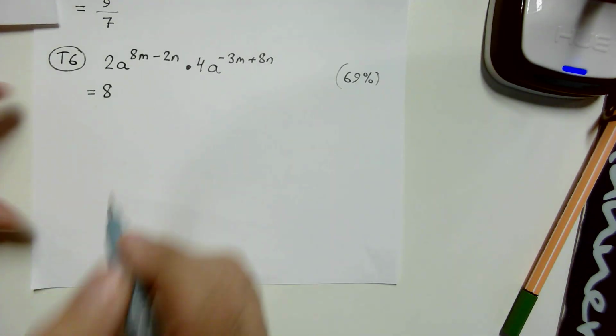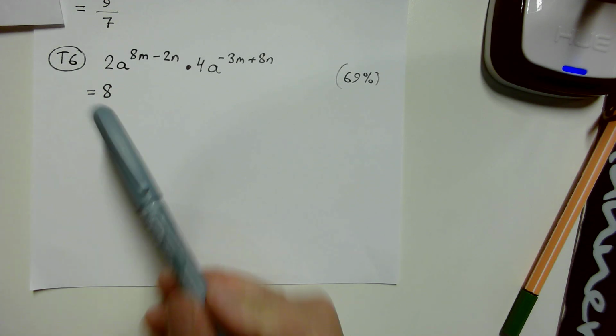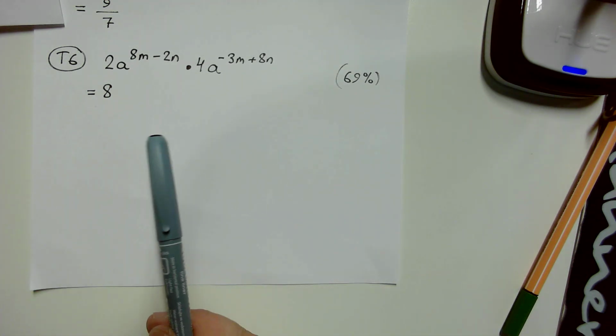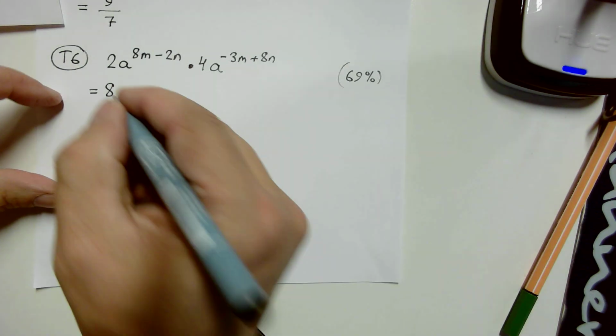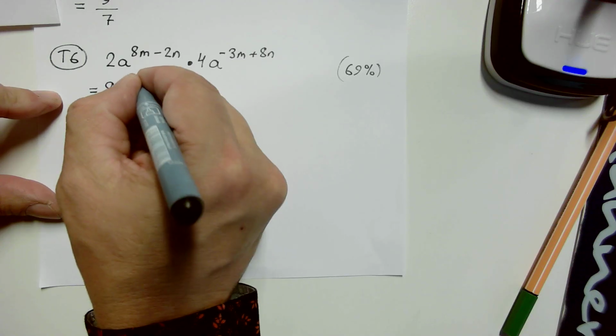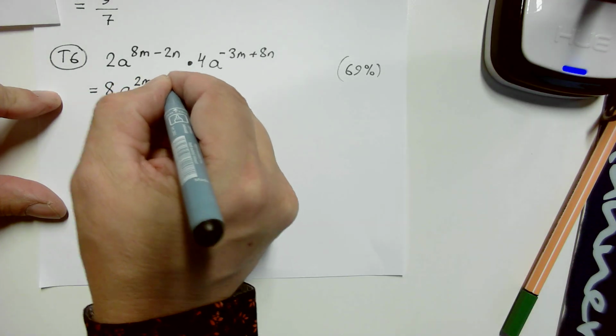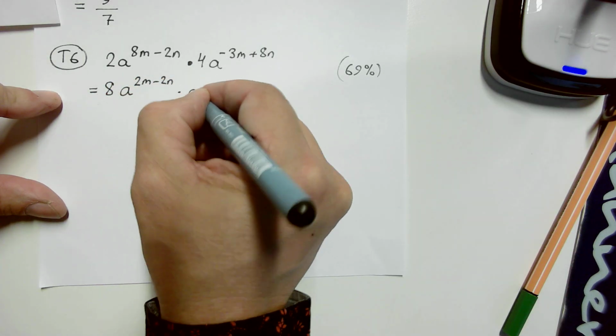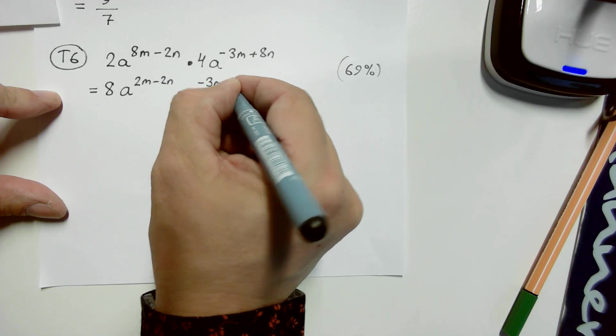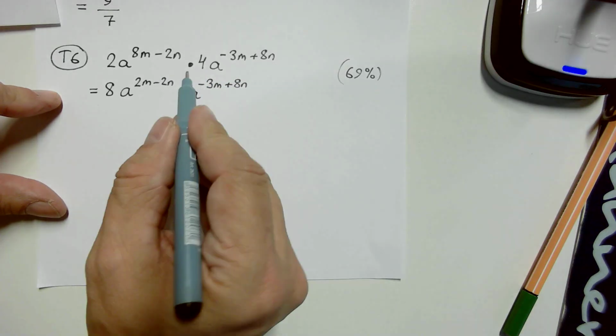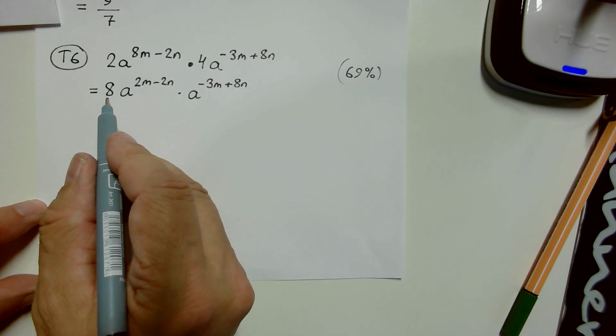We may do this at once here. 2 times 4 equals 8. And then we have this. I will write this step here first. We just changed the order of multiplication here, so that's why we got 8.